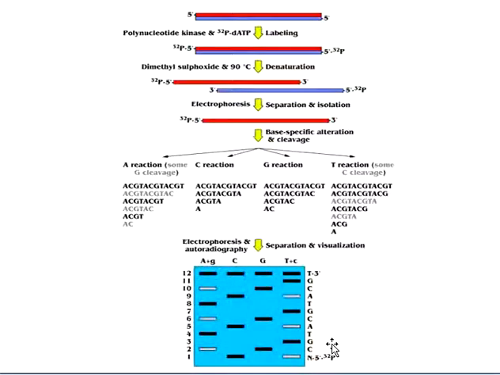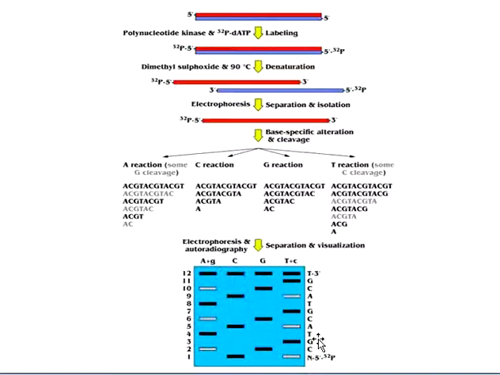Similarly, we move to the next higher size fragment in the DNA from the bottom. We get the second fragment, a smaller size fragment, in the G well and the A plus G well. Here the band is present in A plus G and also present in G. So the second nucleotide is a G nucleotide.